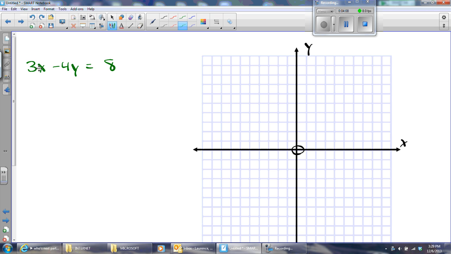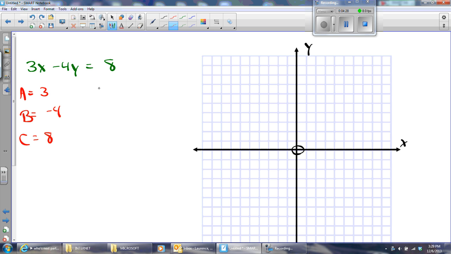I'm in standard form. Now there's going to be some situation where you have to convert it to standard form. But again, I expect you to know how to do that. If you don't, you better come see me. And let me see here. I'm going to identify A, B, and C. A is 3, B is negative 4, and C is 8.